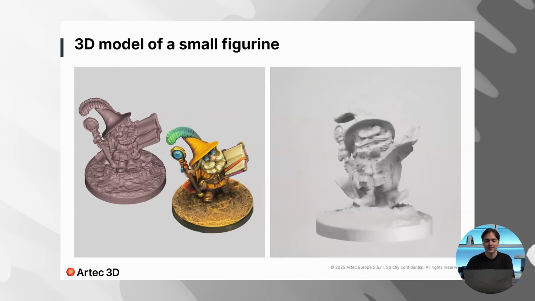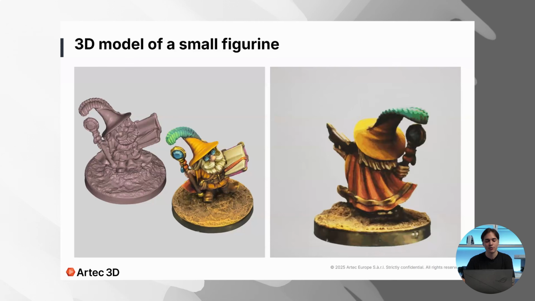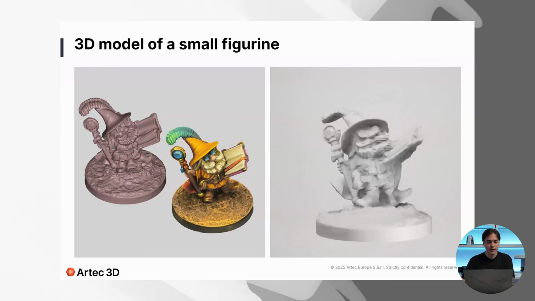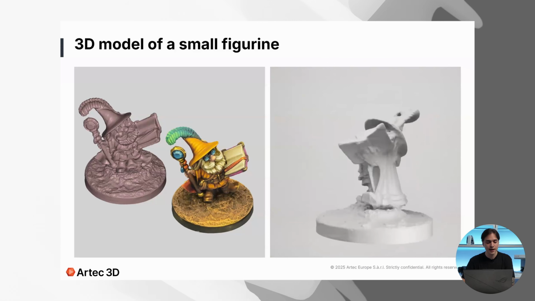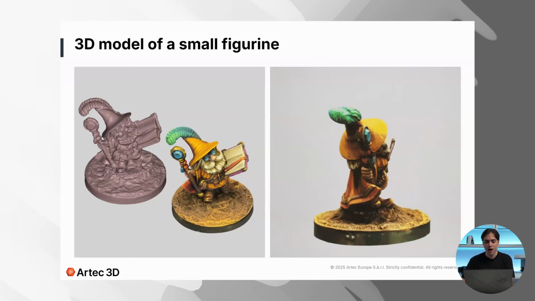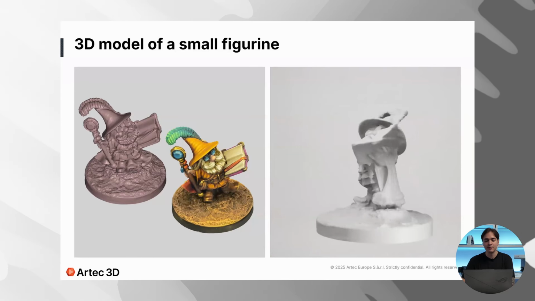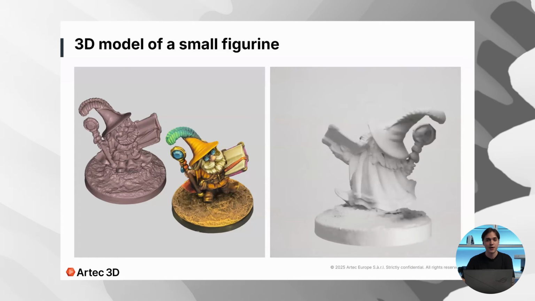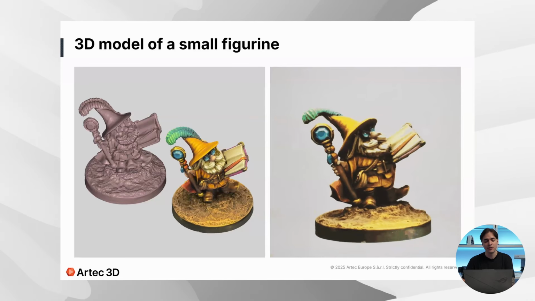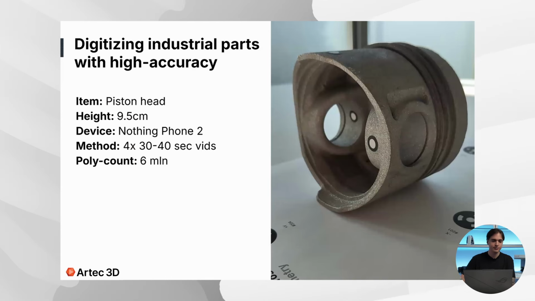So this stylized figurine has preserved its original charm, how it looks in real life. We have really nice both geometry and texture. I believe it's a nice example for hobbyists. If you're frequently scanning such figurines, if you need to digitize them, to 3D print them for example, then photogrammetry can be a great application in this case.